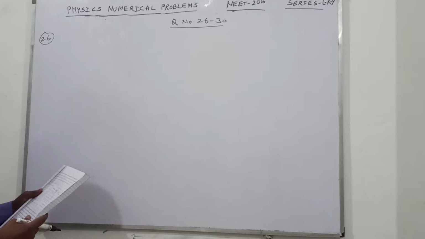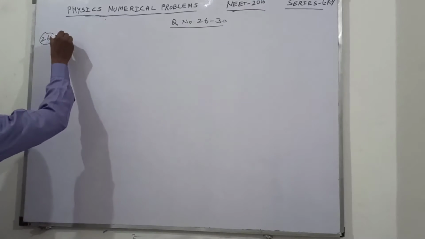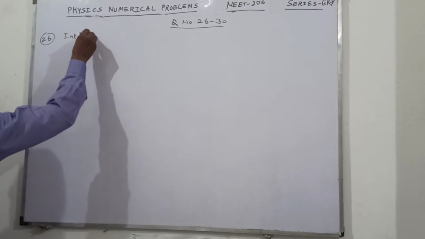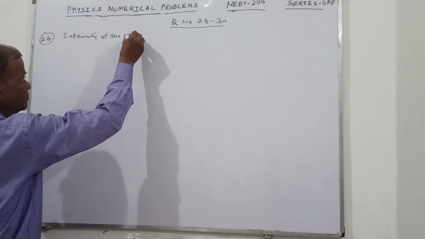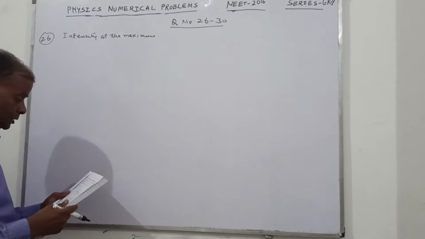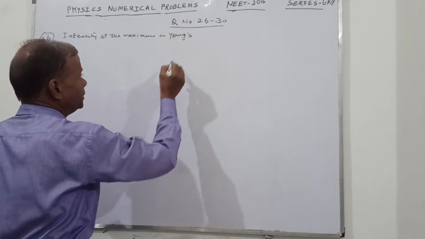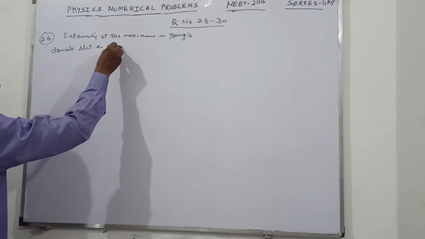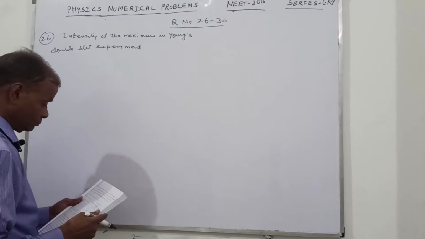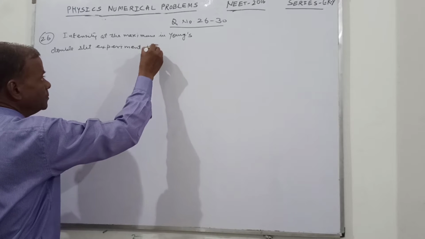26 is the intensity at the maximum in Young's double slit experiment is I naught.